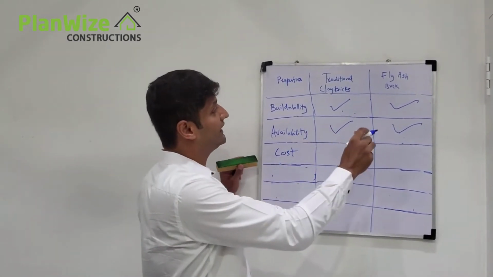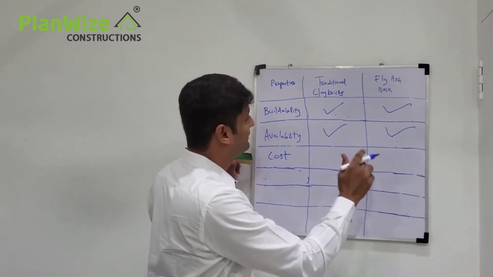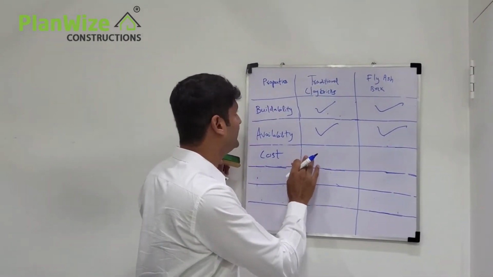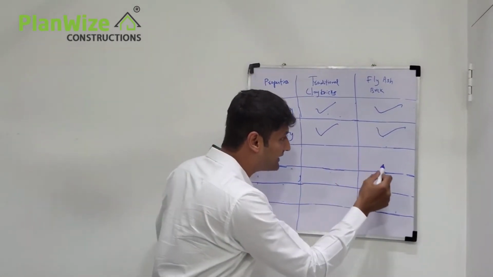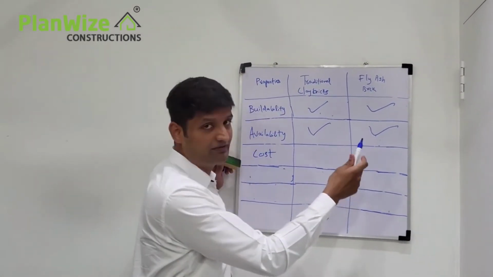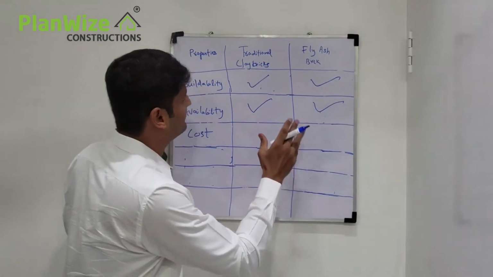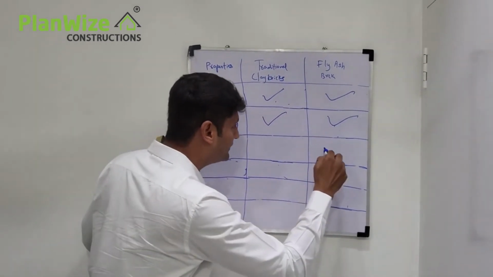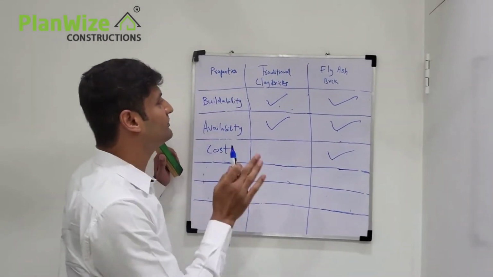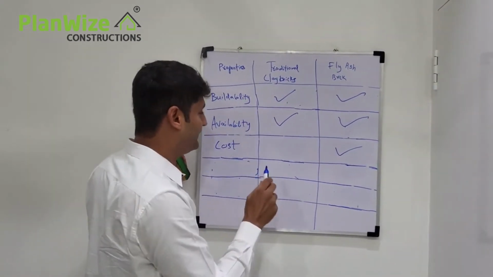Fly ash brick is indirectly very cheap compared to the traditional clay bricks, but we cannot exactly place a number like 10% or 15%. When we compare fly ash brick with traditional clay brick, it is very clear that fly ash brick is much more economical than the clay bricks.